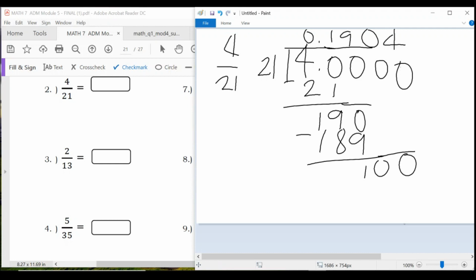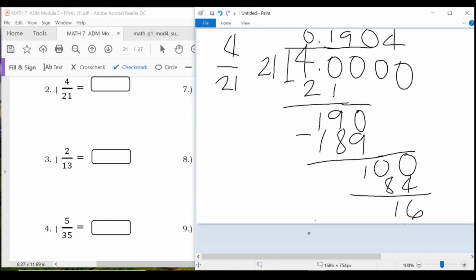So 4 times 21, that's 84. 4 times 2 is 8. So 100 minus 84 is 16. So shall we continue with our answer to the 5th decimal place? So pwedeng hindi na, kasi up to 3 decimal place lang po tayo.